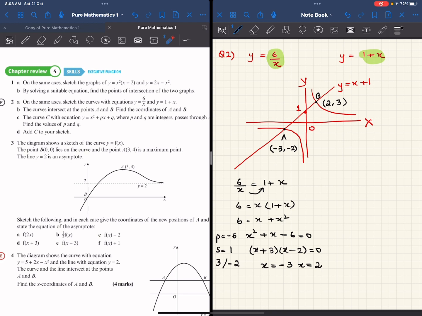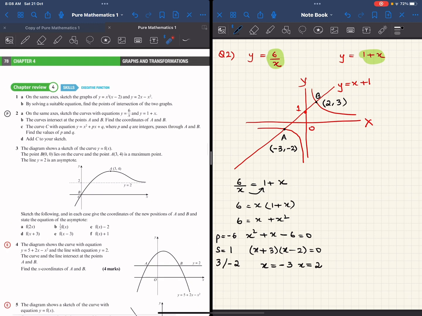Part C of the question says the curve C with equation y is equal to x squared plus bx plus q, where p and q are integers, passes through points A and B. So there's a curve which is a quadratic curve that passes through the points A and B. It's somewhat like this. It passes and it's quadratic.